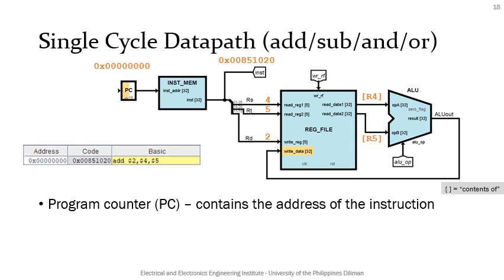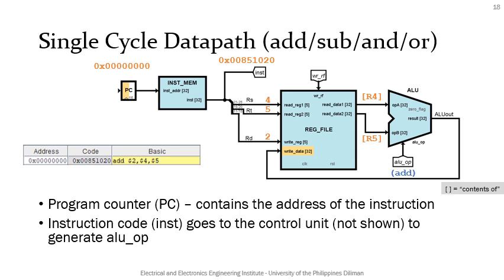While the register operands are being fetched, the instruction code actually goes to a control unit which generates the proper ALU-op that corresponds to an add instruction. After all the inputs have been provided to the ALU, the sum will be generated after some combinational delay.